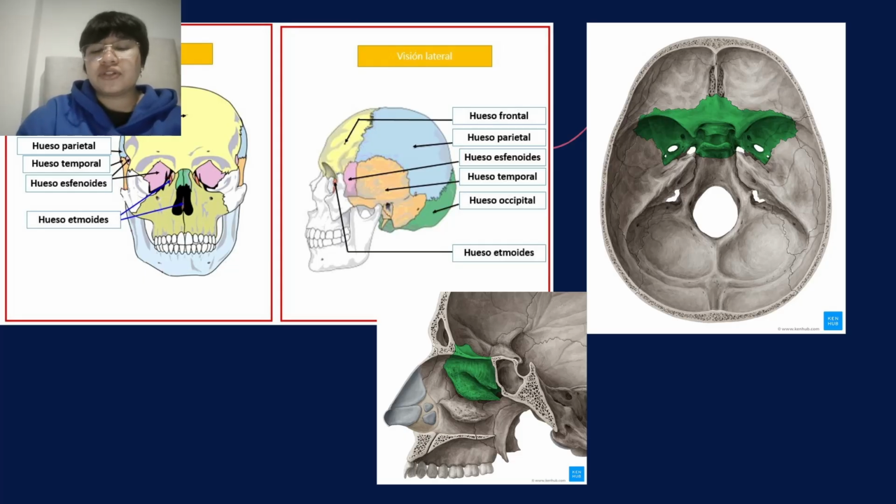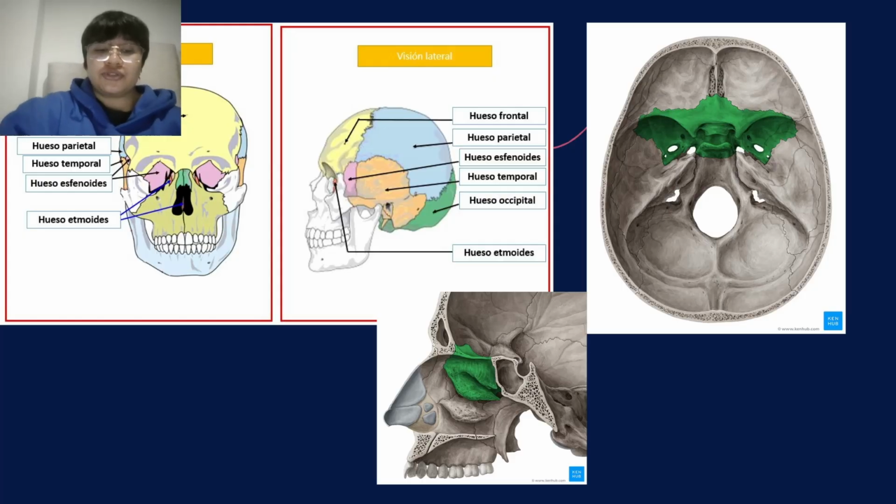We divide the skull into two main parts: the cranial part, which protects the brain, and the facial part, which forms the face. The cranial bones include the frontal bone, which forms the forehead, the parietal bones on the top, the temporal bones on the sides, and the occipital bone at the back.